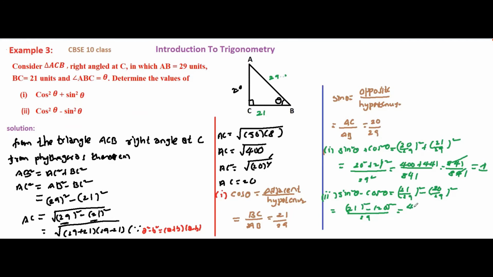That equals 441 minus 400 by 841, which is 41 by 841. This is the answer.